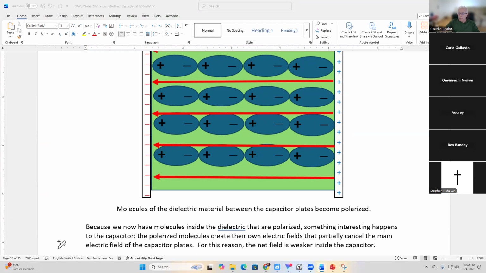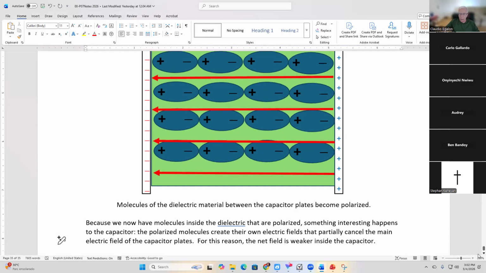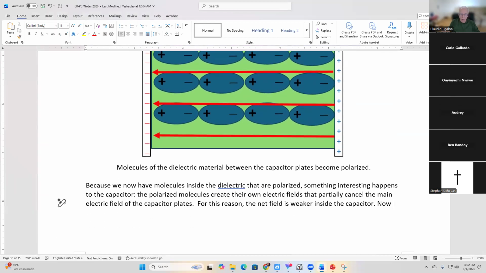And now the new electric field with the dielectric, I'll call that E, is going to be less than the original electric field without the dielectric.